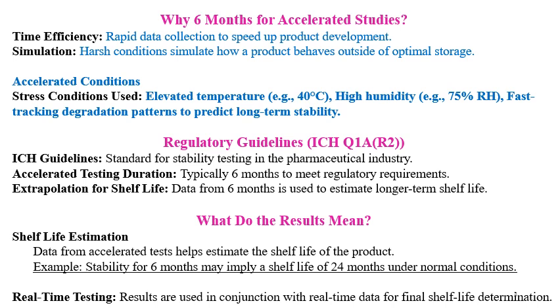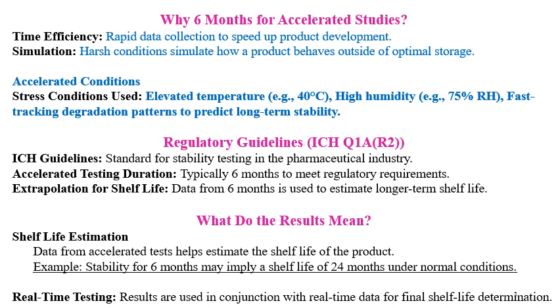One thing I want to add here is that the product will never be recommended to be stored at accelerated condition. Then why do we need to collect the data or perform the stability study at accelerated condition?